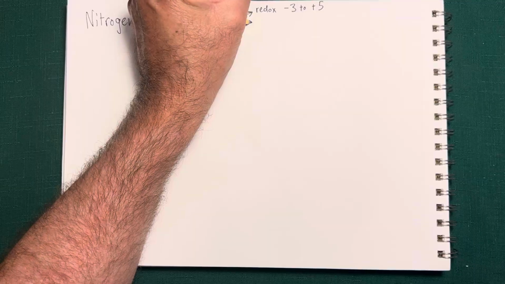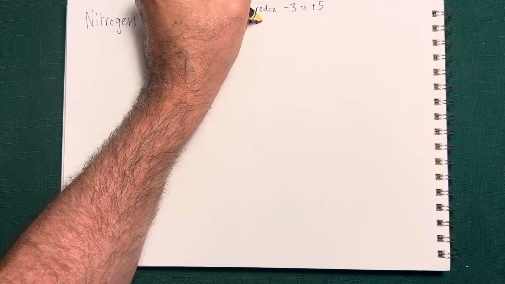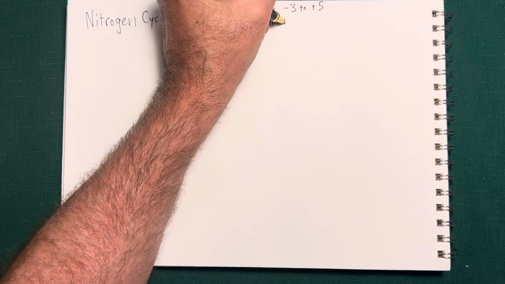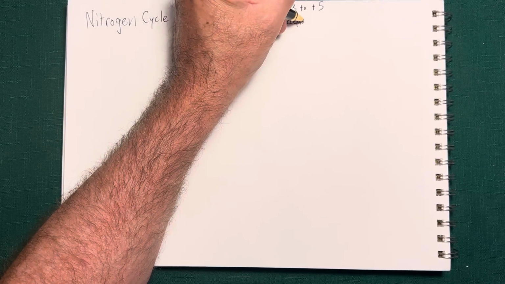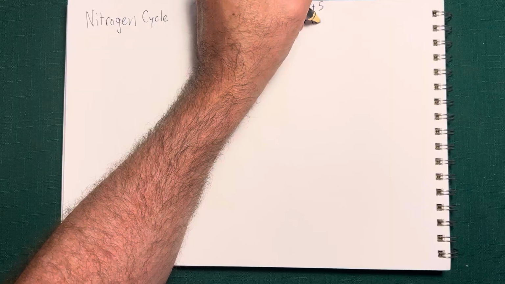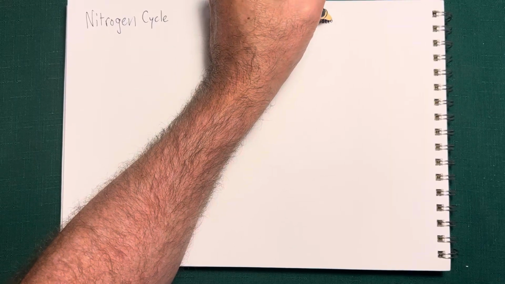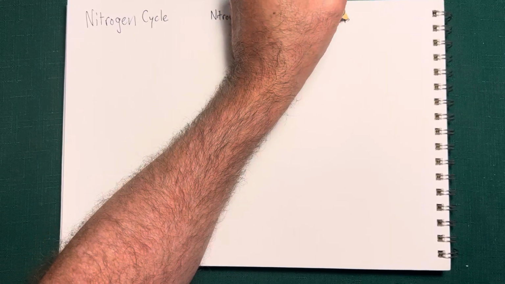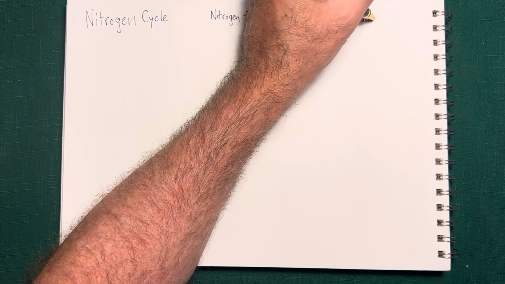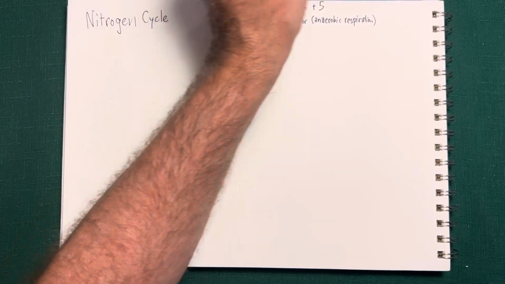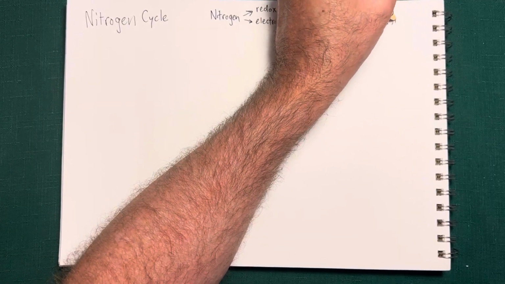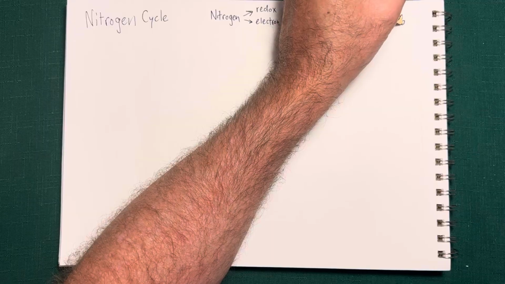It can function as an electron acceptor, and this is typically done through anaerobic respiration. And that gives us species such as nitrate and nitrite.